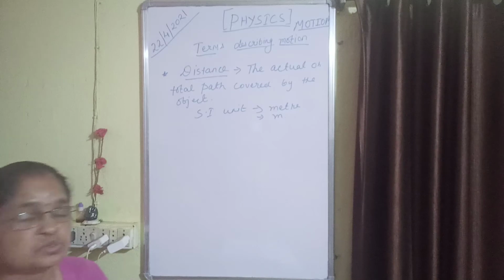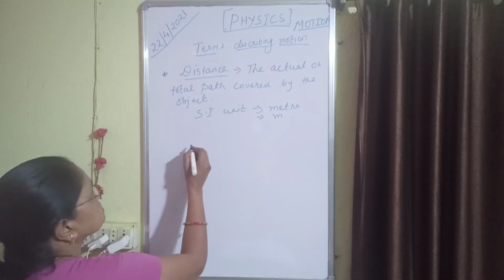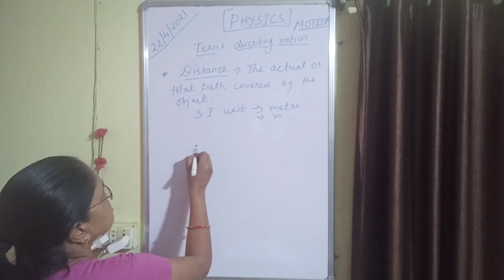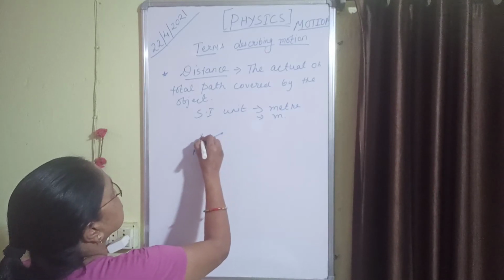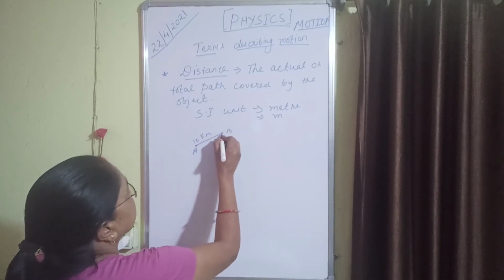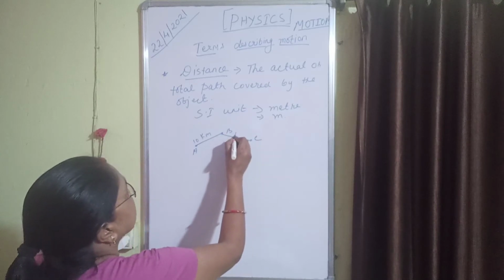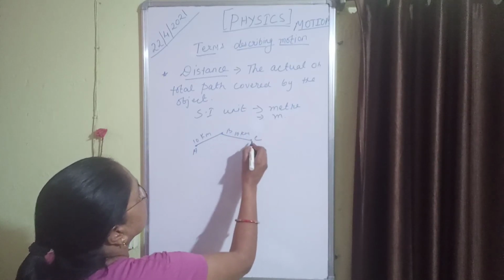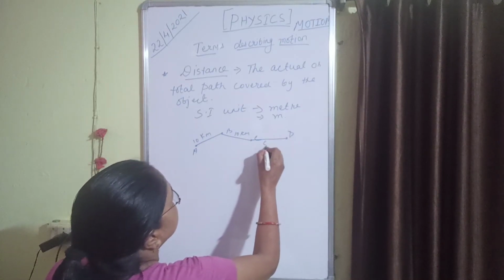For example, students, I am saying you कि कोई एक ऑब्जेक्ट पोजीशन A से 10 किलोमीटर it has moved to position B, and from B to C again 10 kilometer, and from C to D it is 5 kilometer.